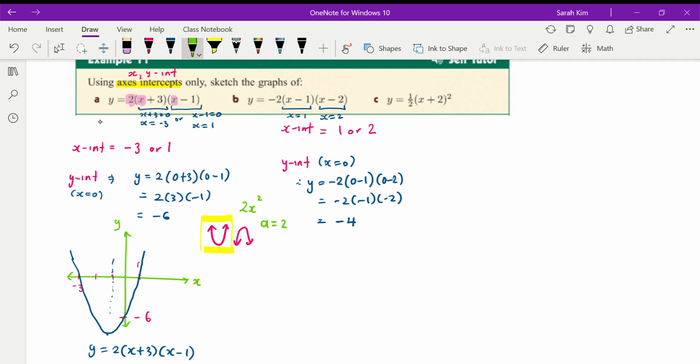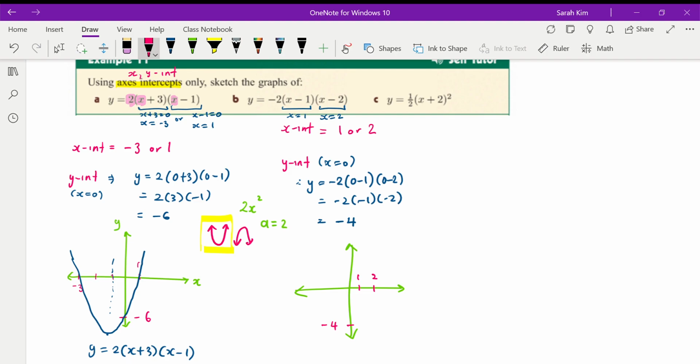So using all of that information, I'll draw it in. I've got 1 and 2, I'll label those, and then I've got a minus 4, let's say over here. So the vertex is going to be approximately there, it doesn't have to be exact. Oh, I should probably check that it's going to be concave up or concave down before I just assume.